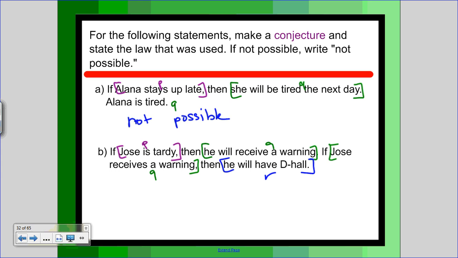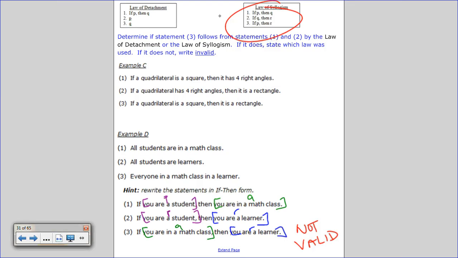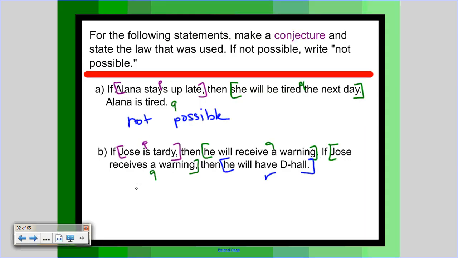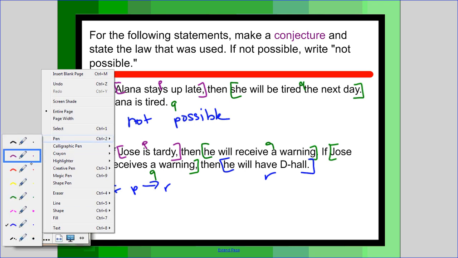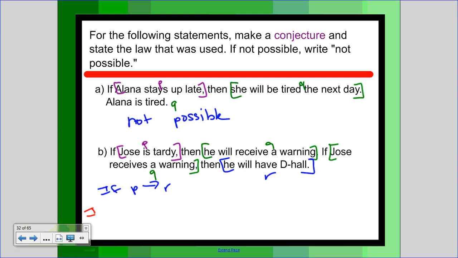Go back and look at it. Law of syllogism says if P, then Q. If Q, then R. So our third sentence, if we're following the pattern, should read if P, then R. Keep that in mind. We have to use the format if P, then R. So the sentence would read, if Jose, and again I apologize for my handwriting, is tardy, then he will have D Hall.